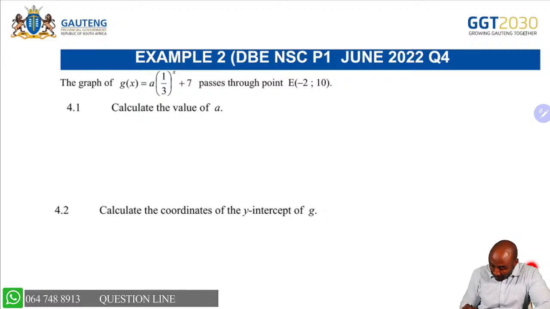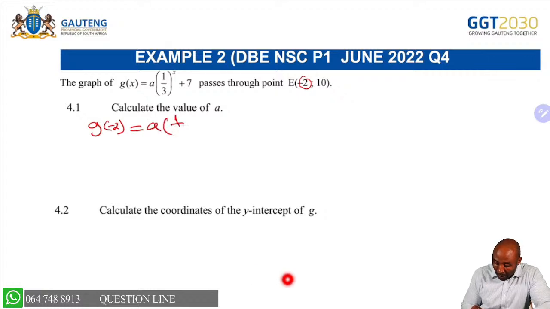We are given a point that is on the graph, therefore we are going to use that point to help us find the value of a. So, using our function notation, I'm going to write g of negative 2, which means where there is x, I'm going to substitute with negative 2.